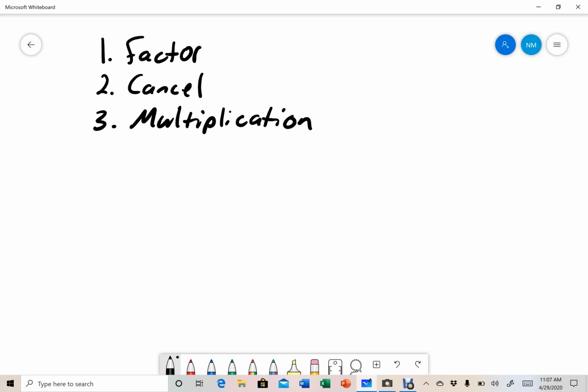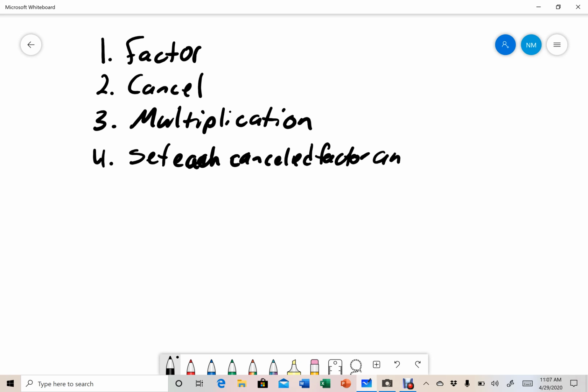Now, the difference with rational expressions is in step number 4, we're going to have to take each canceled factor and set it equal to 0.